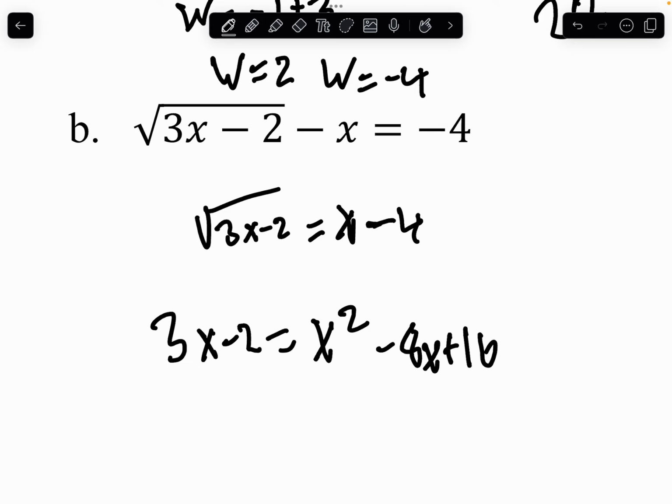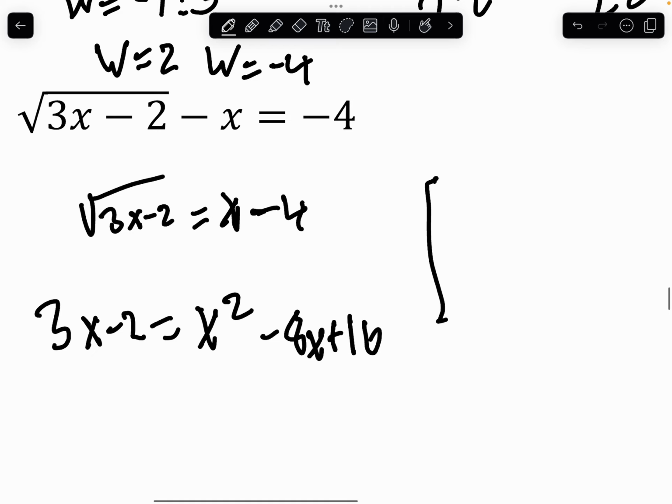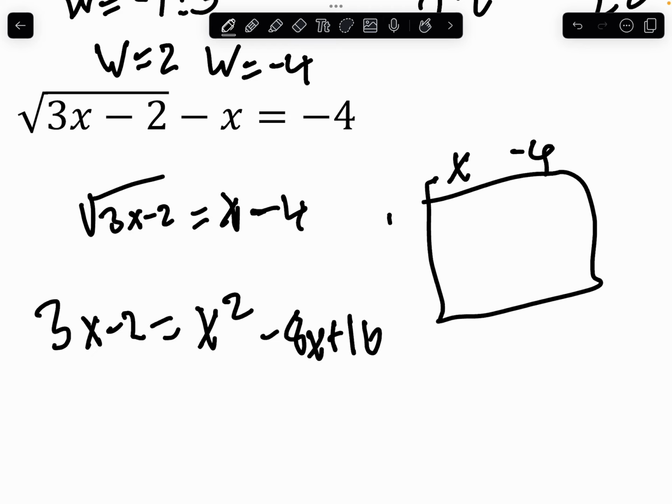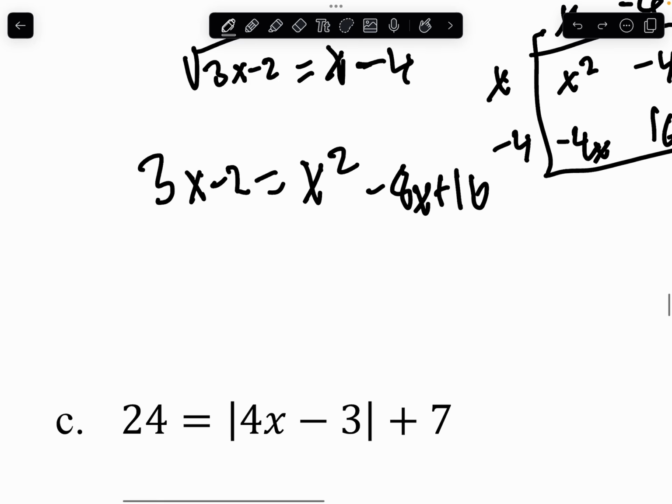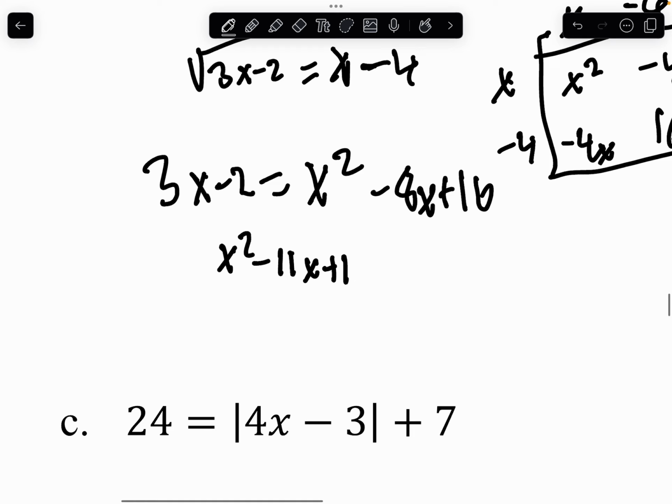I know that because I've done a lot of math, but you can multiply it out if you need to. x minus 4, x minus 4. So that's x squared, negative 4x, 16, and negative 4x. So now if you add all that up, you get this. Now I'll subtract 3x minus 2 from both sides, so you get x squared minus 11x plus 18.